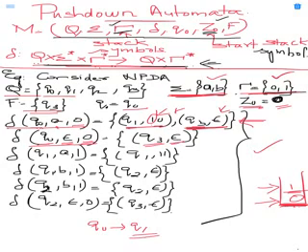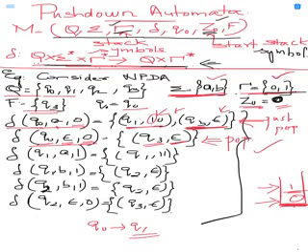So epsilon on the right-hand side means to pop the current top symbol from the stack. So this performs the pop operation.